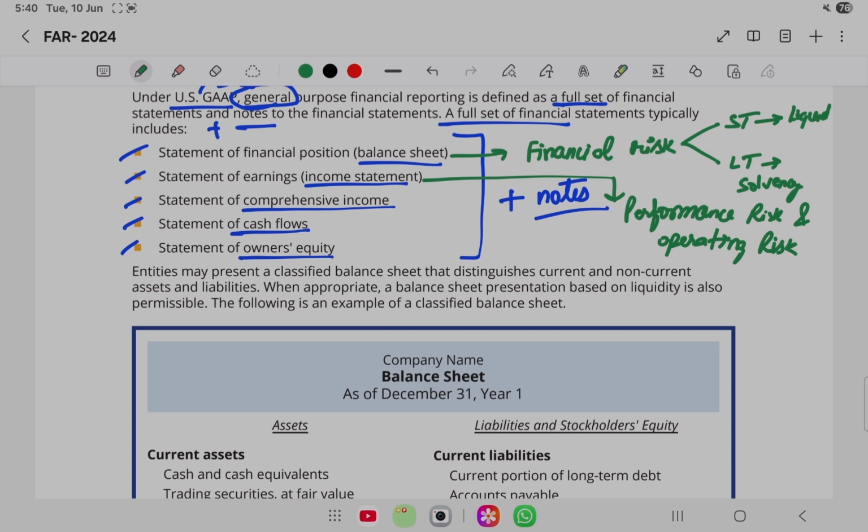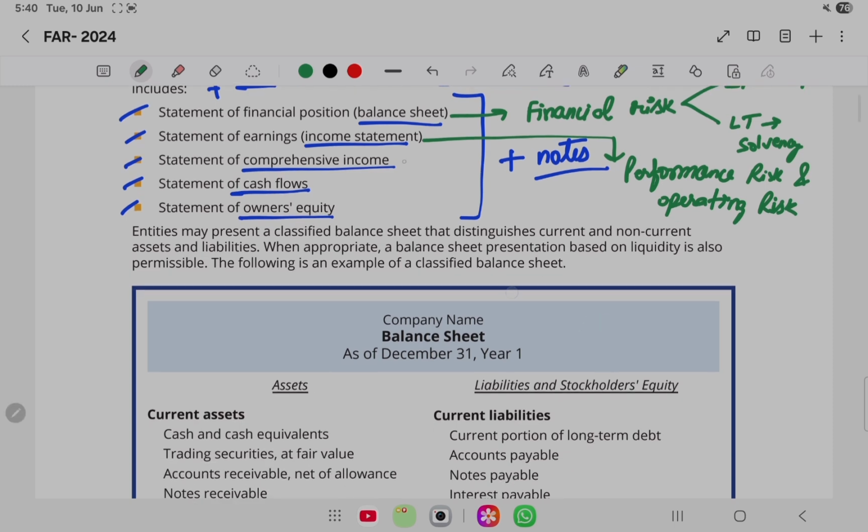Volatility of the operating income can also be calculated by finding the standard deviation of the operating income. What is comprehensive income? It includes certain gains or losses which are directly transferred to the OCI. They are not transferred to the P&L, they are directly transferred to the OCI. After that, if they are recoverable in nature, then they are transferred to the P&L.